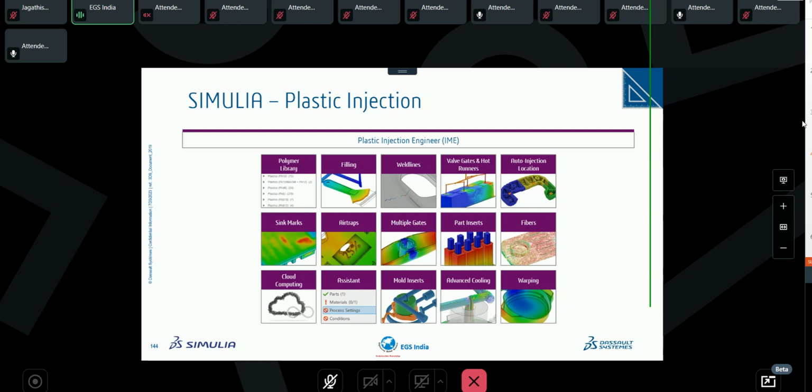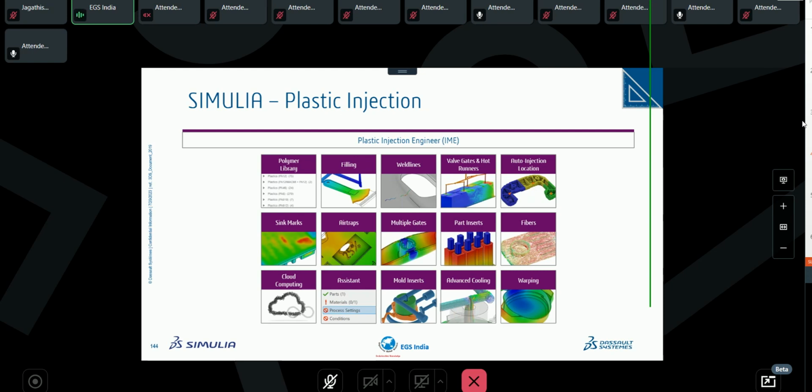We can check for filling and most plastic defects. Plastic injection molding defects can easily be checked and avoided, from weld lines, sink marks, air traps, or even warpage. Those defects can easily be addressed with the help of this particular portfolio.